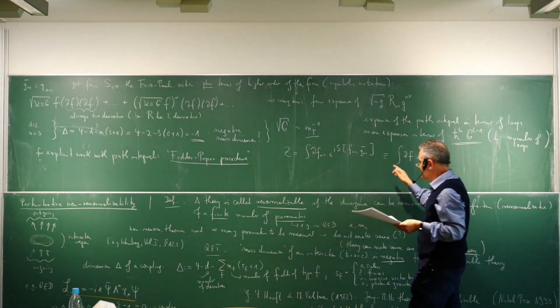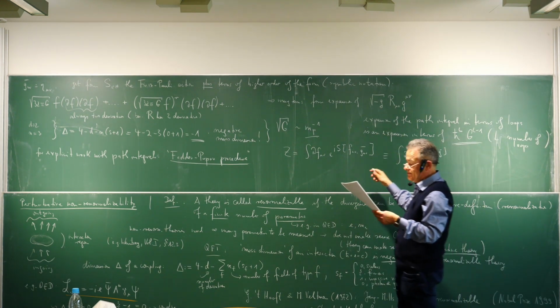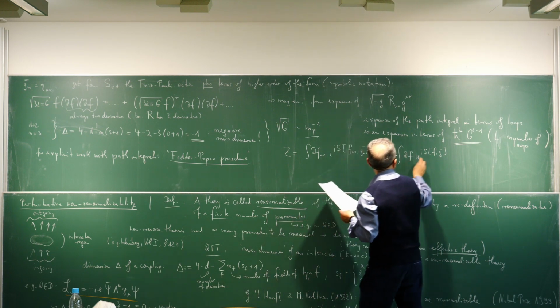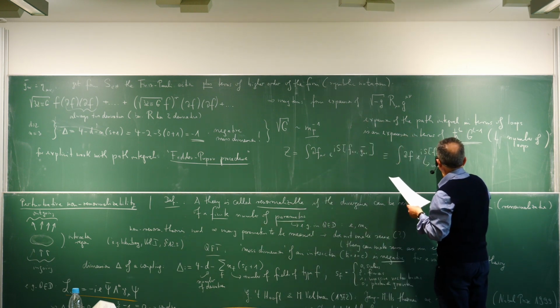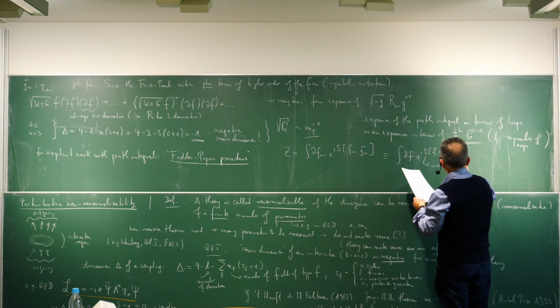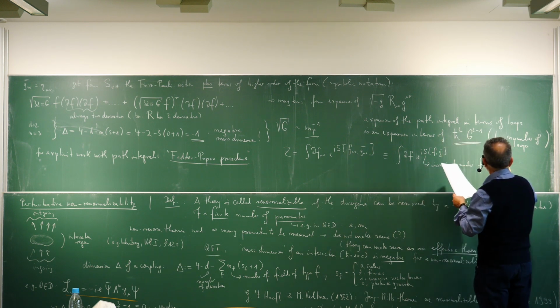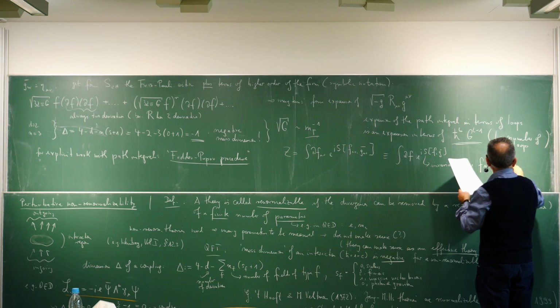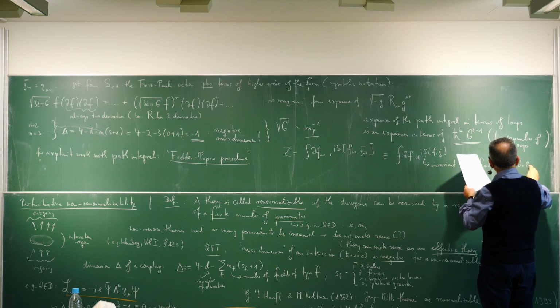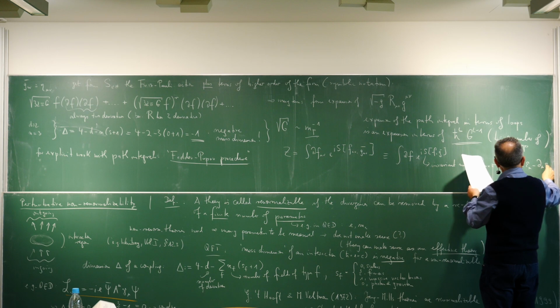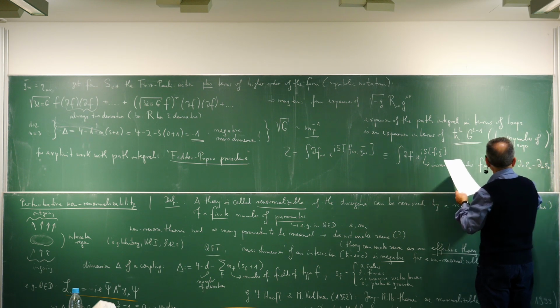Formally, if you don't do anything, this is infinite, because this is invariant under f mu nu going to f mu nu minus d nu epsilon mu minus d mu epsilon nu, which we may call f mu nu epsilon.